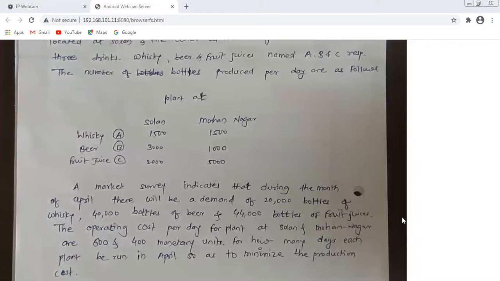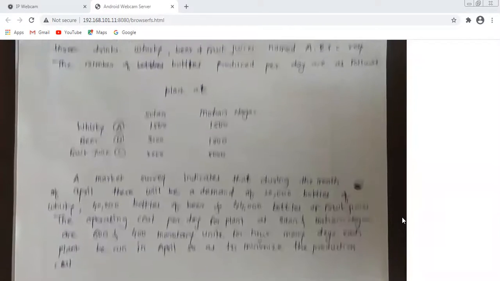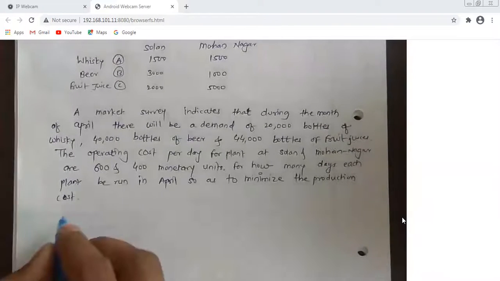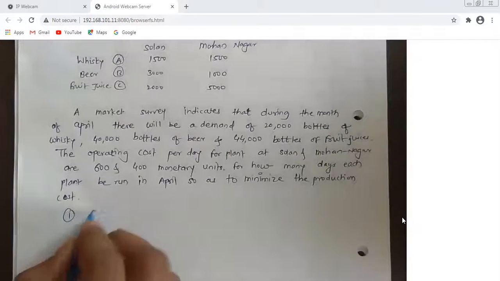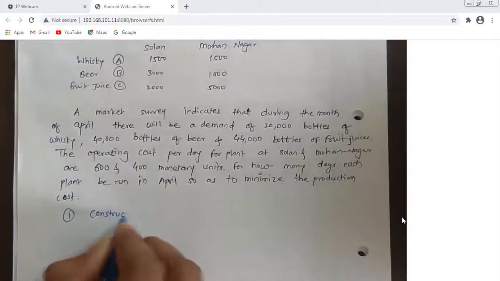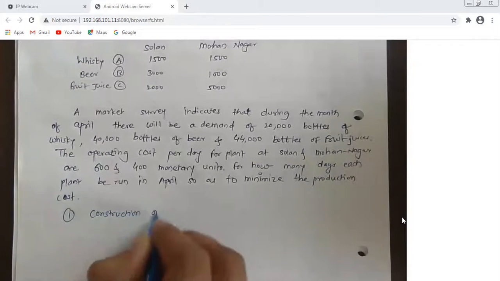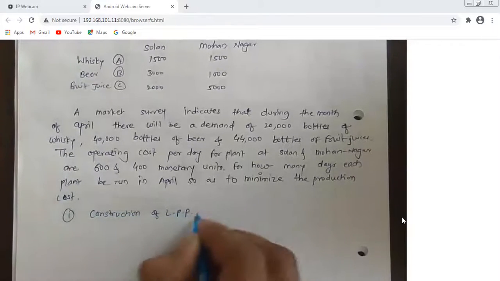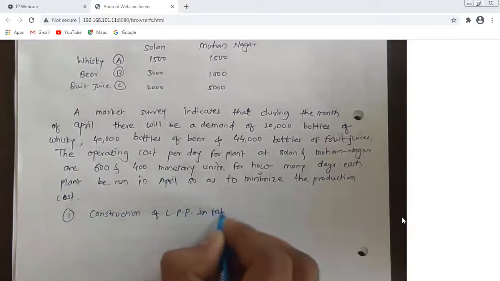So first of all, we have to convert this lengthy question in the form of a table. So the first step is construction of LPP in tabular form.